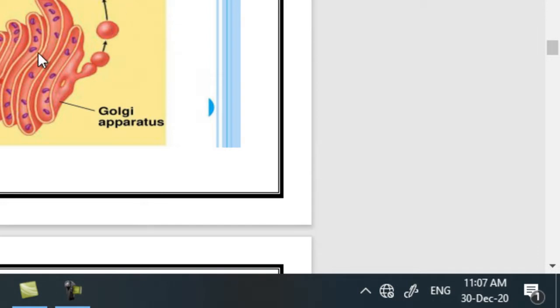So this Golgi body will be increased inside the glandular cells, which secrete the hormones. After that, the vesicles will be opened at the plasma membrane to secrete the protein outside the cell to be transported to different parts of the body.